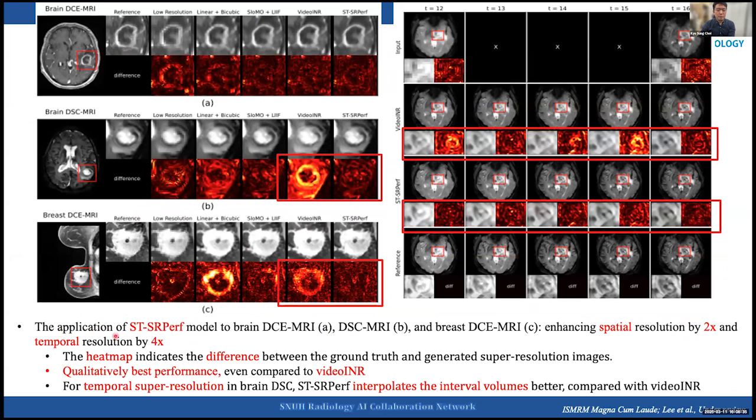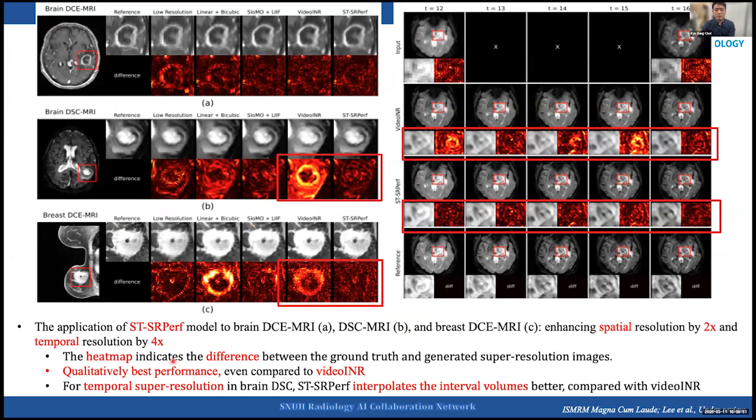So this is the application of the STSR-PERF model to Brain DCE MRI, Brain DSC MRI, and Breast DCE MRI, showing enhancement of spatial resolution by 2 times and temporal resolution by 4 times.